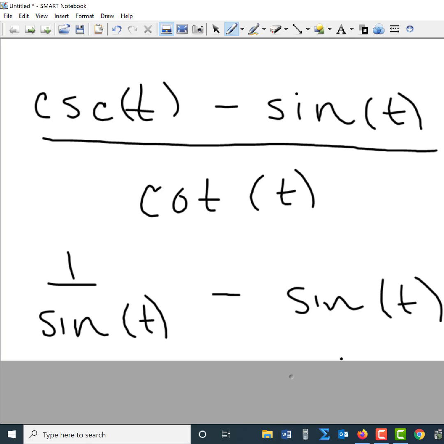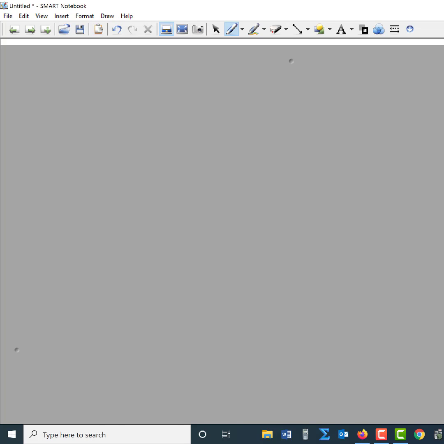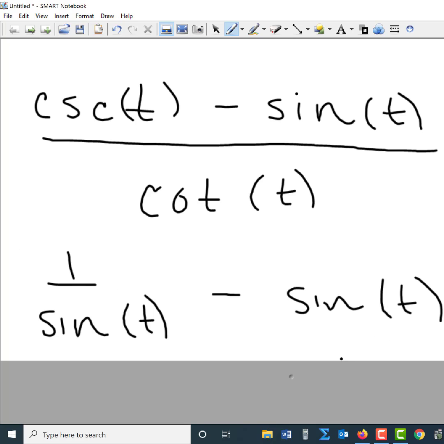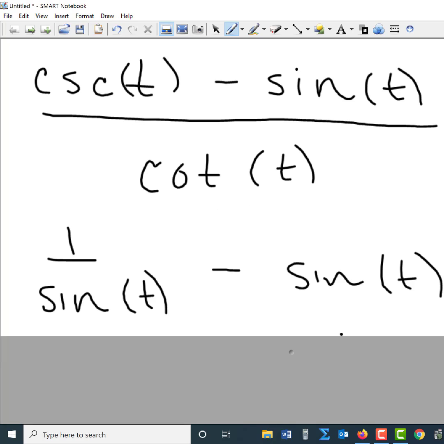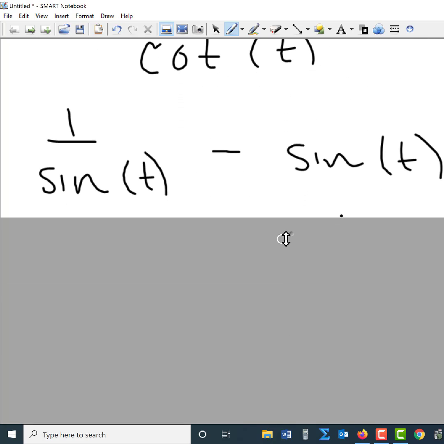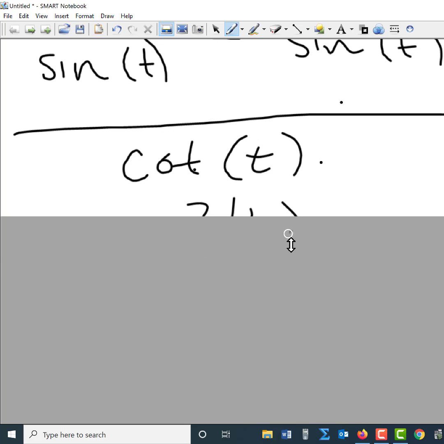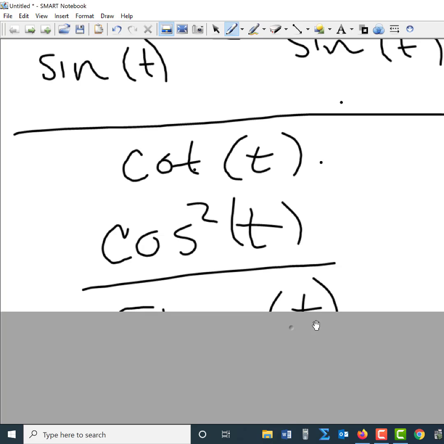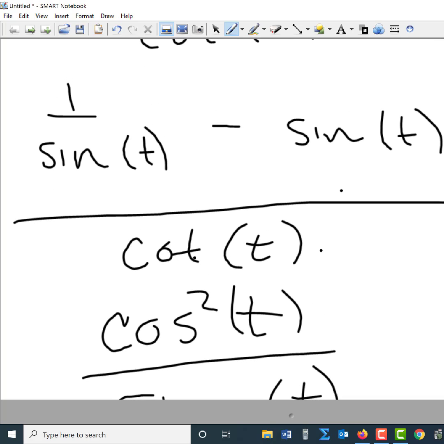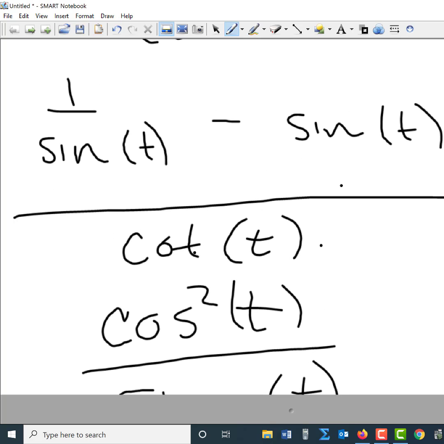So if we go back to our problem now, where we were. So now we know that on ours, on the top, we broke it down and we had 1 over sine minus sine. And then we got a common denominator and we ended up with 1 minus sine squared over sine.